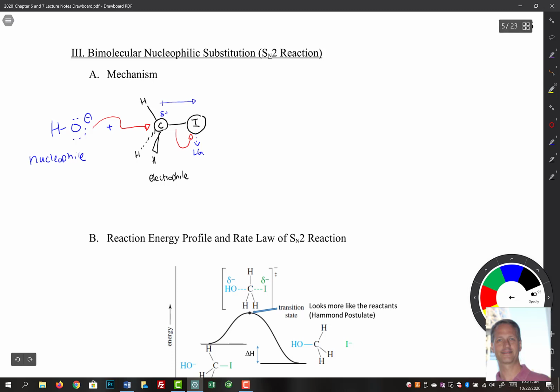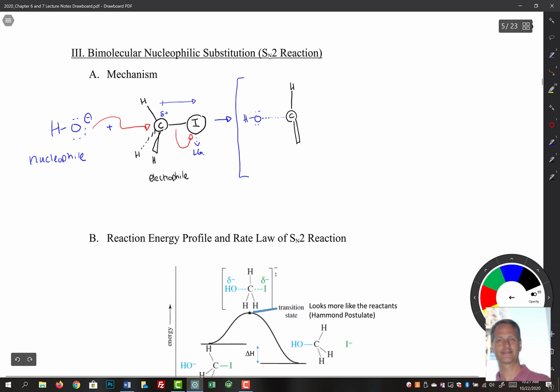Now, I don't usually put in transition states here for mechanisms, but I want to show you guys this one. So hydroxide, HO, starting to make a bond here with our carbon atom. And as it does that, those three H's that we have here are going to kind of come upright, and they're going to adopt this planar conformation.